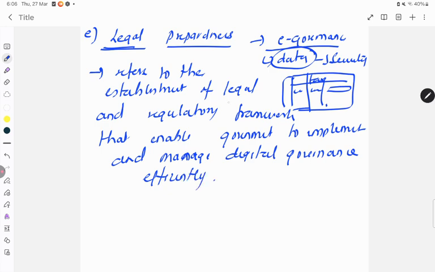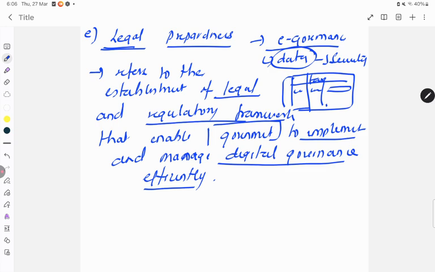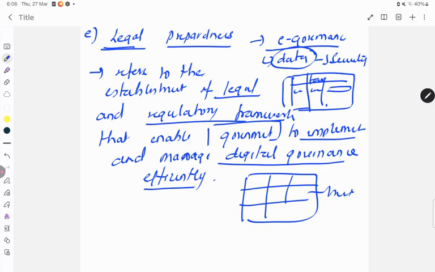It means that the legal and regulatory framework enables the government to implement and manage digital governance efficiently. It means that these are the laws which we have already built so that the government can take your data, and we trust the government with providing our data.